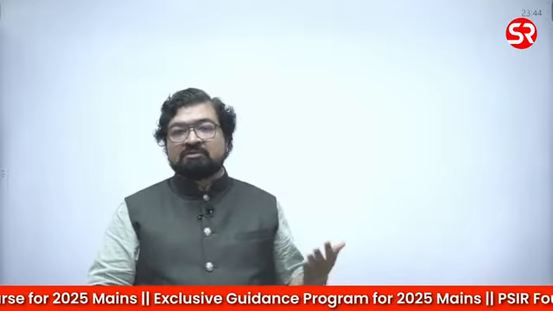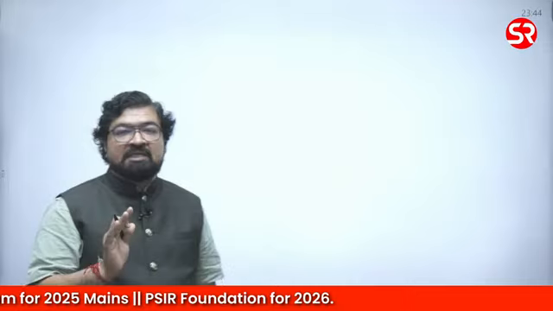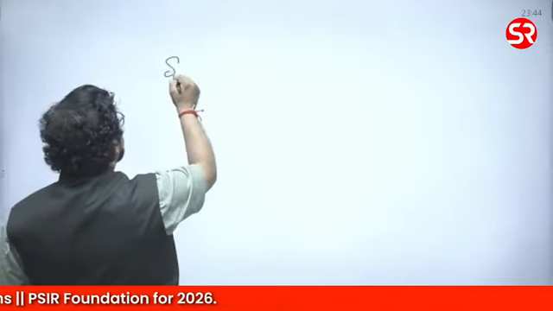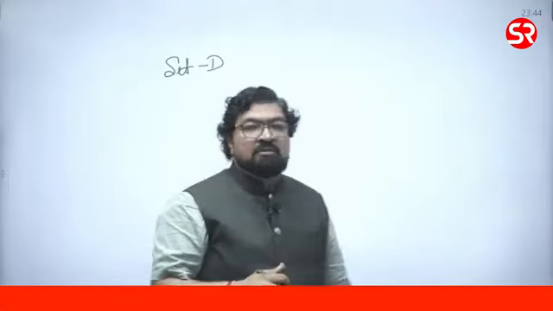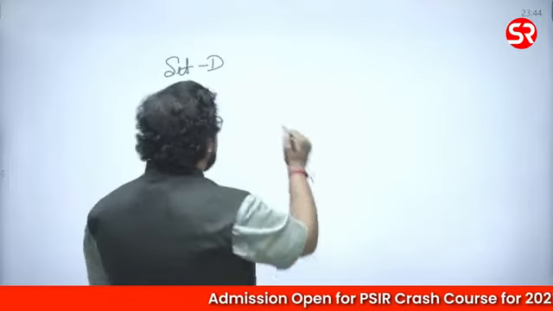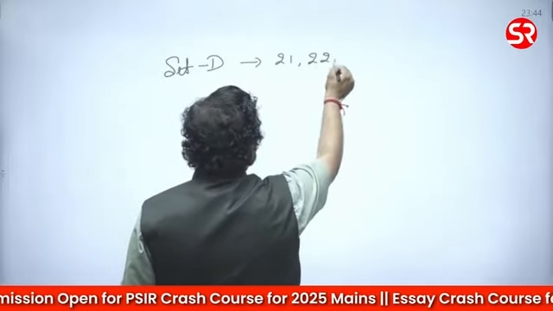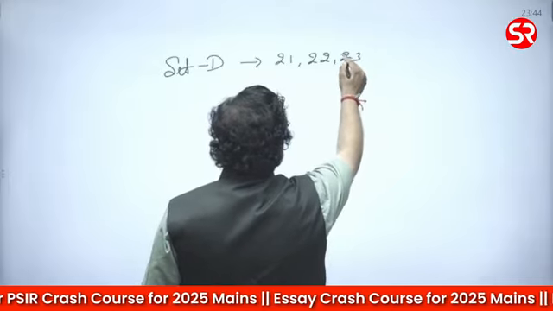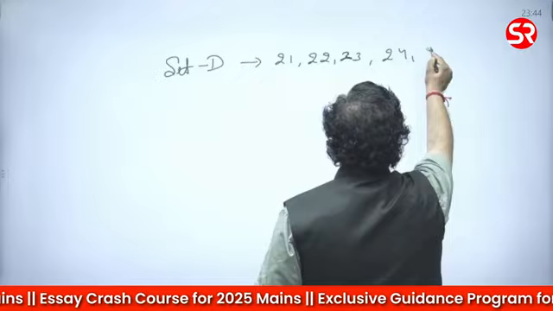Before I start with each of the questions, let me just list down which are the questions in science and technology in set D. When you visit this set D, I'm writing the question numbers, and then one by one I will be covering those questions. So you have a chunk of questions from 21, 22, question number 23, then 24, 25.